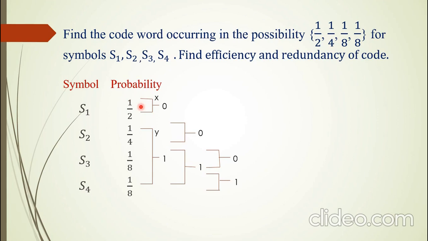The highest symbol is S1, which has probability 1 by 2. The next is S2, which has probability 1 by 4. The third symbol is S3, having probability 1 by 8. And the fourth symbol is S4, having probability 1 by 8.